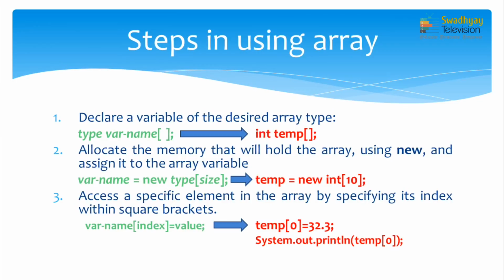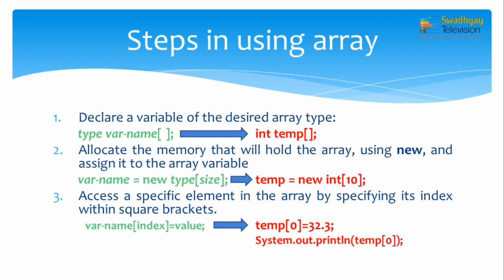Now, to actually allocate the memory that will hold the array, you have to use the new keyword and assign it to the array variable. For example, the general syntax is variable name is equal to new, which is a keyword and operator also, then you have to specify the type, and in square brackets you have to specify the size. Now, look at the example.